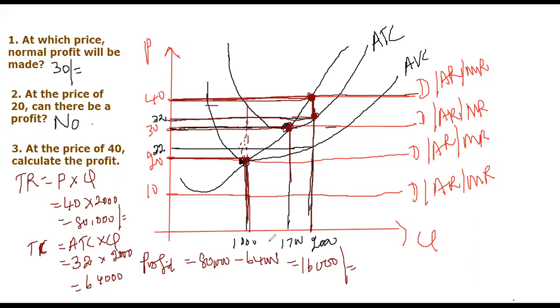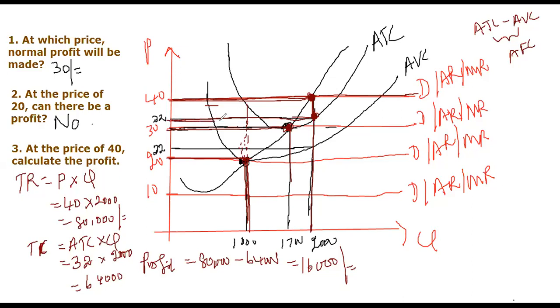At this point, they may ask how much is the fixed cost. In detail I discussed fixed cost: ATC minus AVC is AFC. How much is the AFC here? See this ATC.